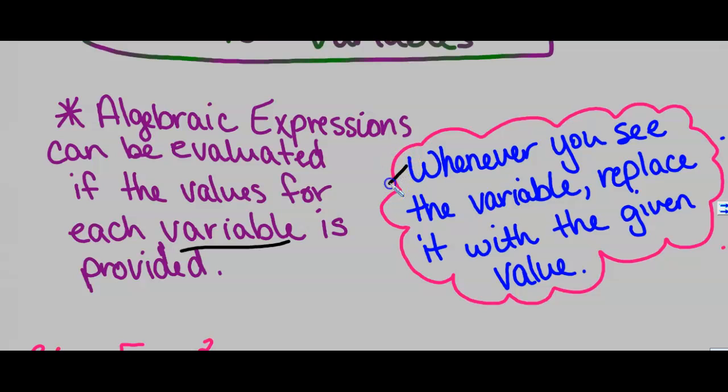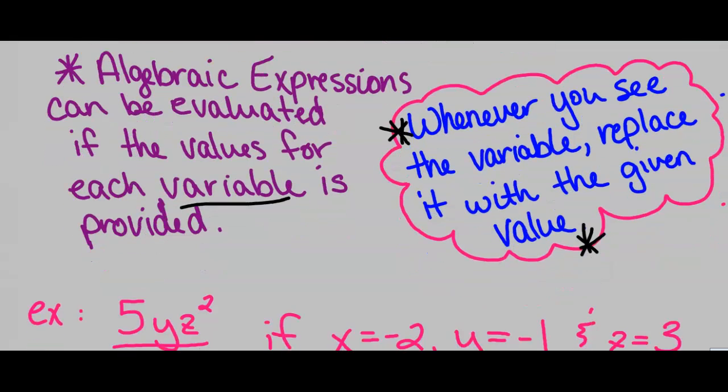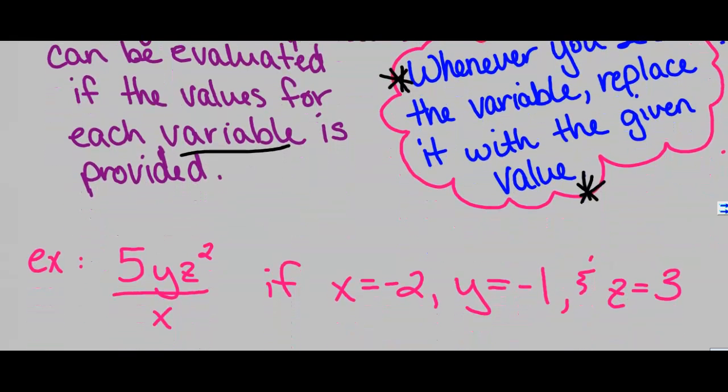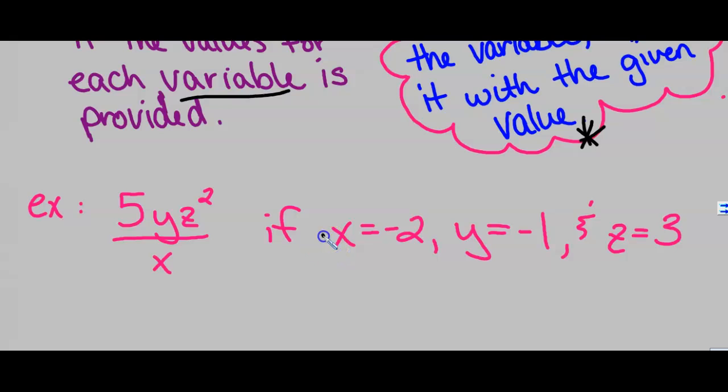And the fun phrase I use here is, whenever you see the variable, you replace it with the given value. So if I tell you in this example that x is equal to negative 2, wherever you see an x, put a negative 2. They're interchangeable. So everywhere I see an x, I'm going to put a negative 2 instead.